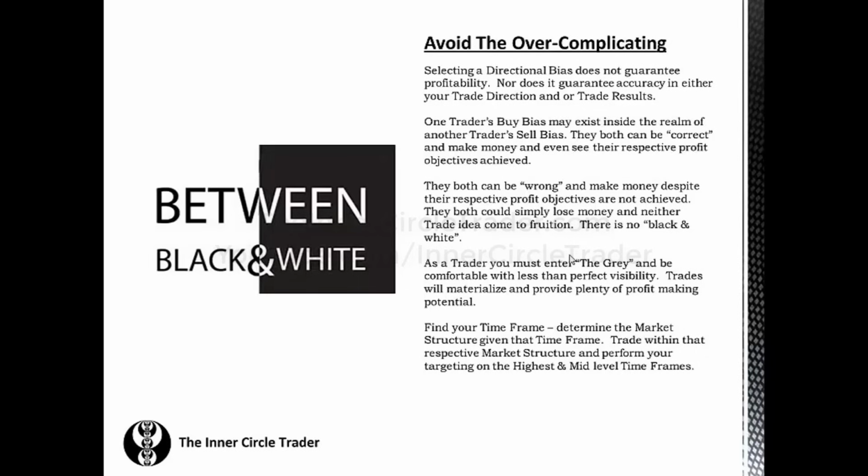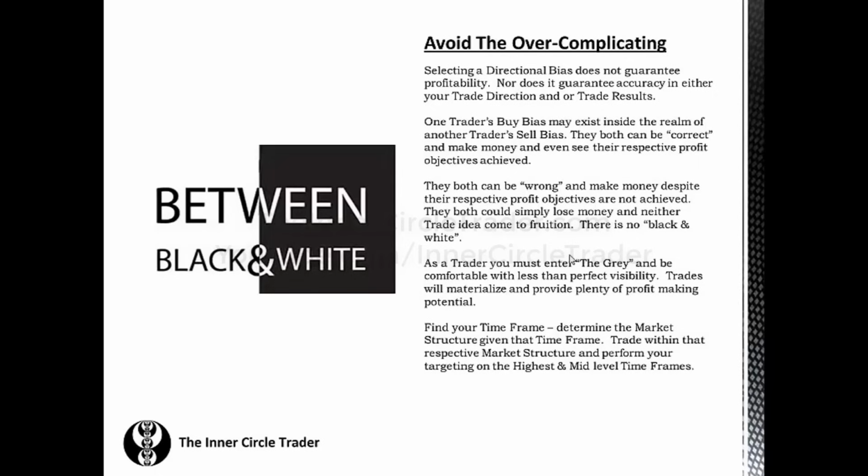Okay, so selecting a directional bias does not guarantee profitability. It's very important you understand that. Nor does it guarantee accuracy in either your trade direction or your trade results. One trader's bias may be bullish, they're looking for buys, and that may exist inside the realm of another trader's sell bias.